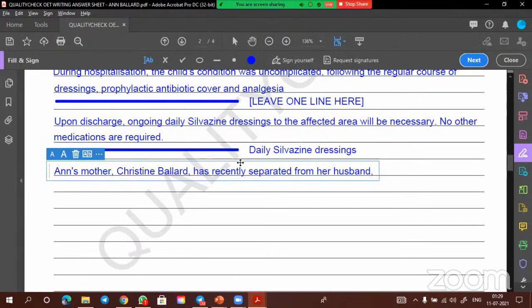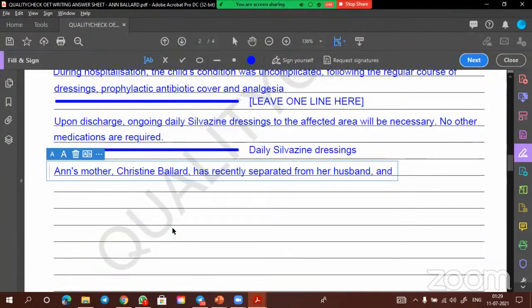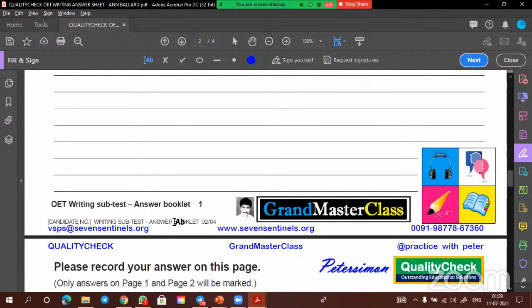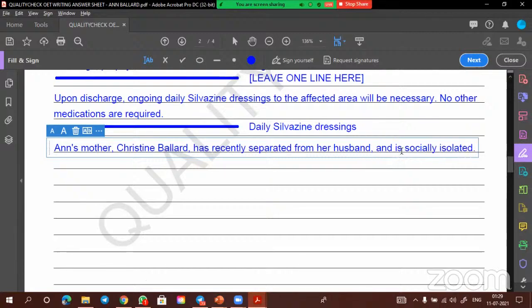Take this one here. And so you can see here, interstate and has few friends. And because of that one, she appears to be socially isolated. Give one verb there. So, and is socially isolated. Okay.